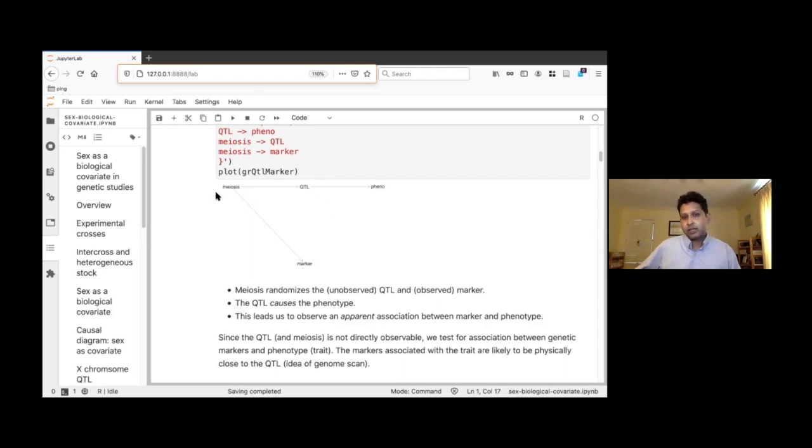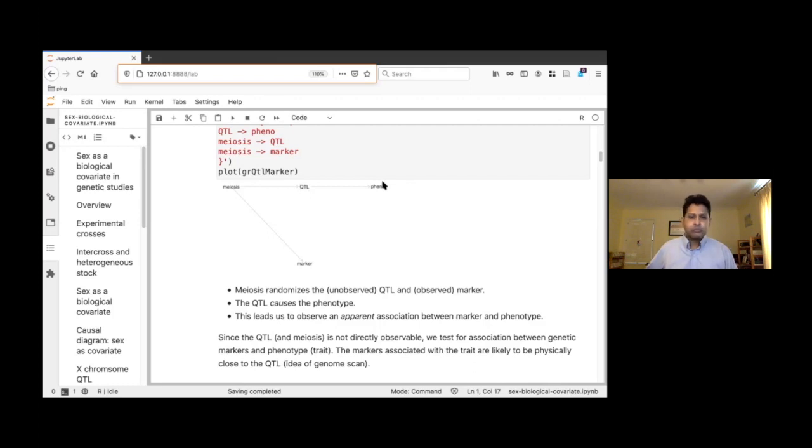That's the common cause for both of those. So if we cannot directly observe the meiosis, and you're only observing the marker, then even if the marker is not directly causing the phenotype, because of this link through the common meiosis of the QTL as well as the marker, it will show an apparent association with the phenotype.